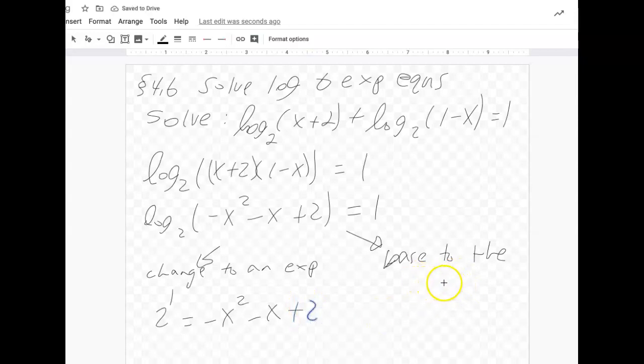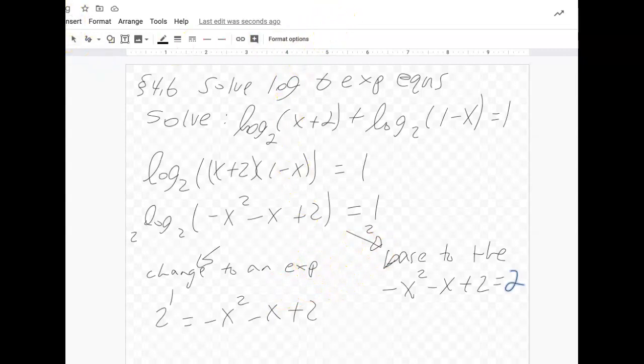And if we did that on this problem, if we went 2 to the power on both sides, 2 to the log base 2 automatically gets me my negative x squared minus x plus 2, and 2 to the 1 is 2. And so these are the same approach to the same thing. It's just a different way to do this. Doesn't matter how you do it. I hope you get comfortable with one of them and can use that throughout the course.